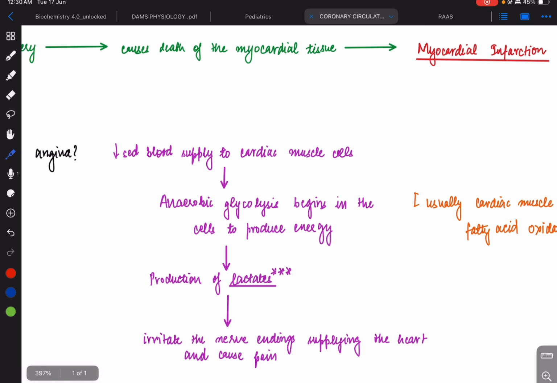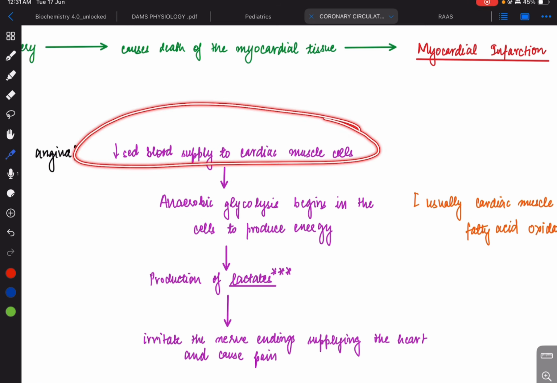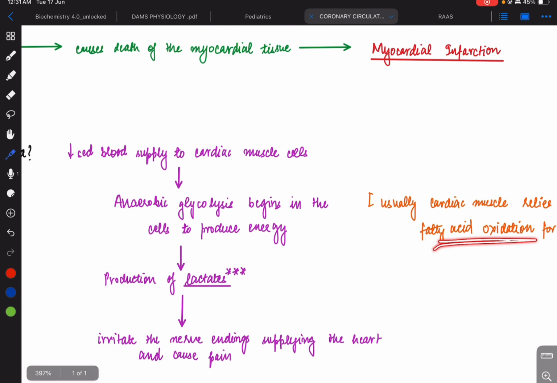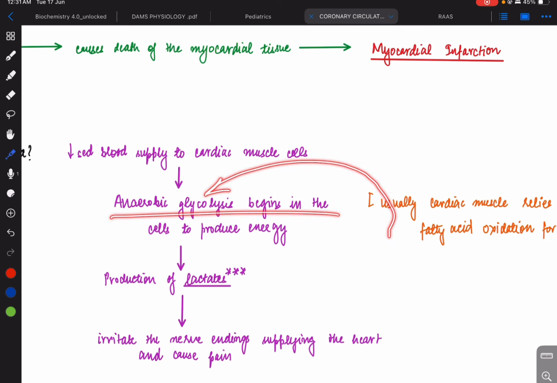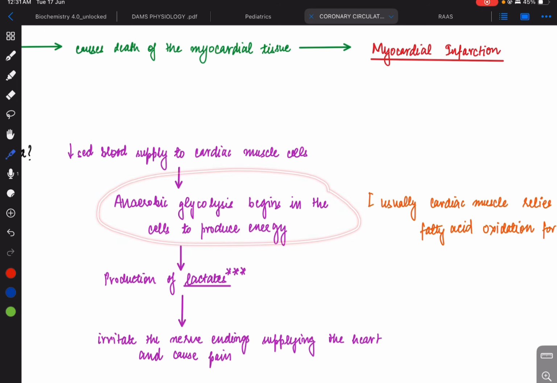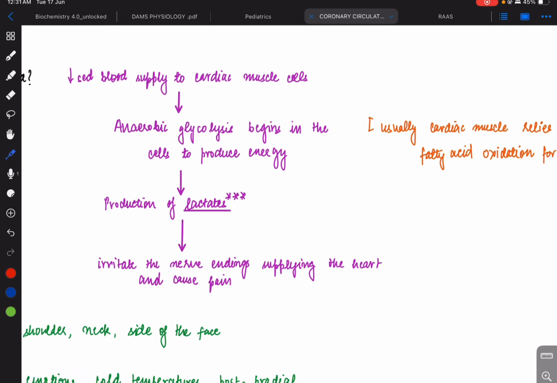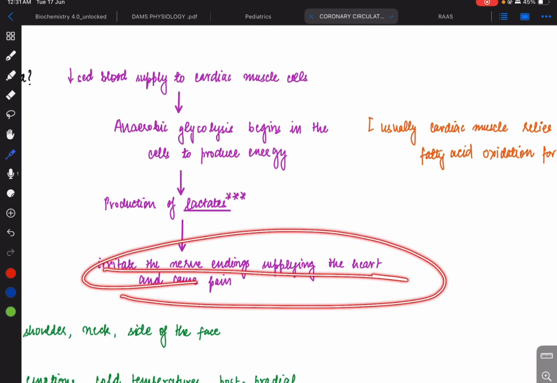But you know, guys, whenever there is decreased blood flow, the cardiac muscle cells shift from fatty acid oxidation to anaerobic glycolysis, right? As you can see, in case of anaerobic glycolysis, there is a decreased amount of ATP produced, plus there is release of lactates. These lactates actually irritate the nerve endings supplying the heart, and they cause pain.